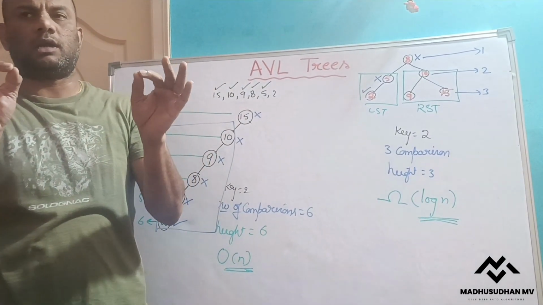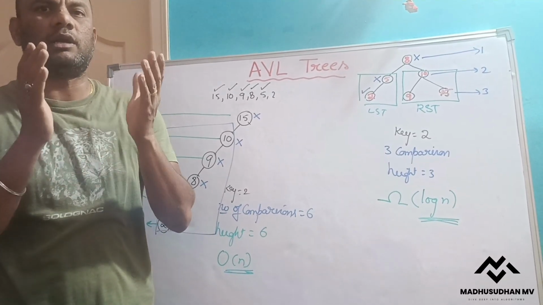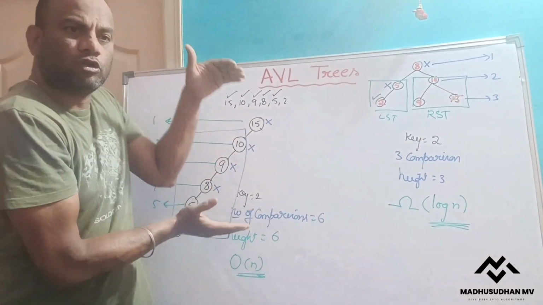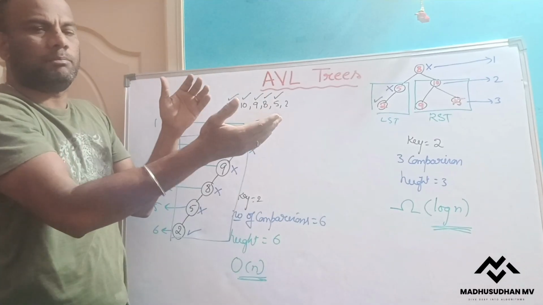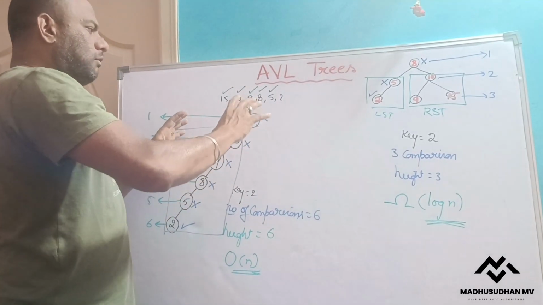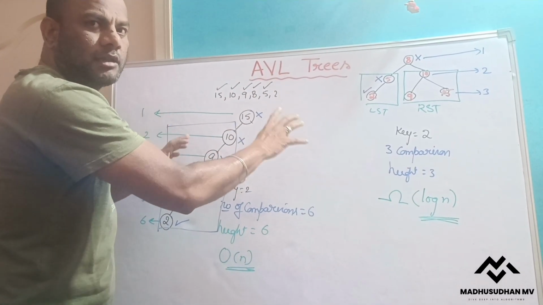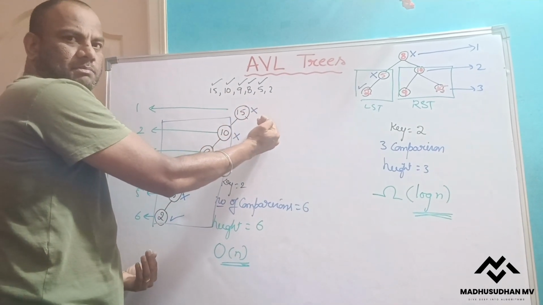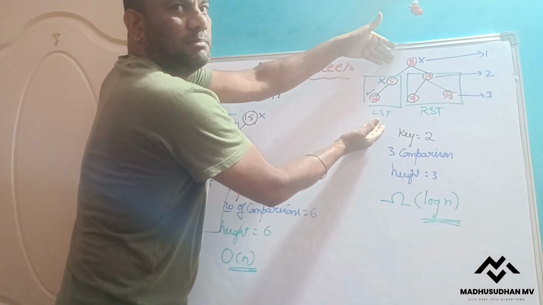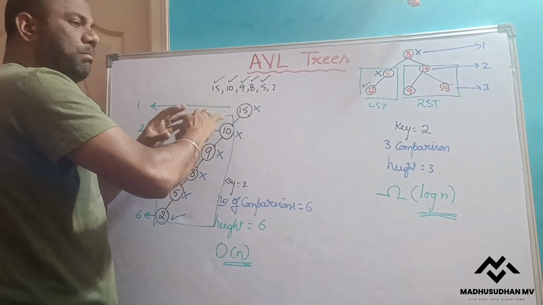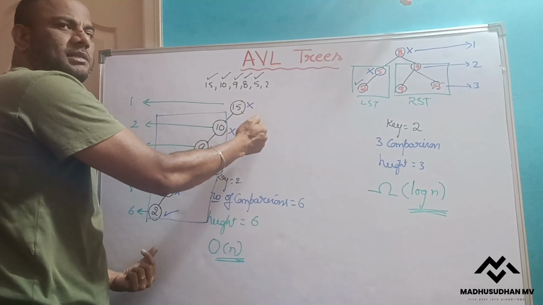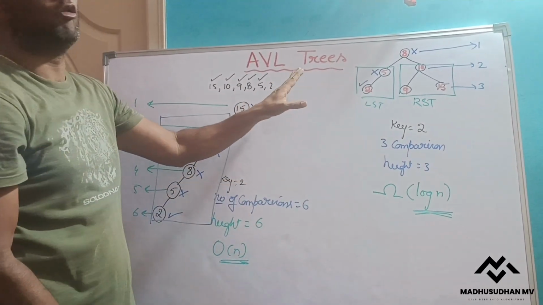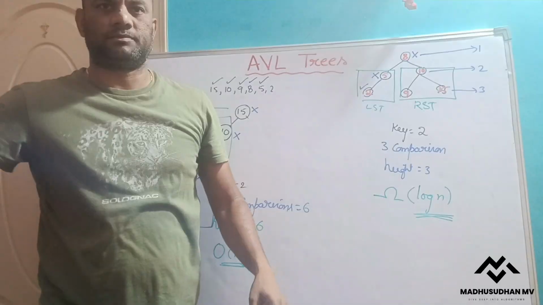So AVL trees are used to reduce the height of the tree, or in other words, to balance the height of the tree. This is an unbalanced binary search tree. This is a balanced binary search tree. To balance the unbalanced binary search tree, we go for AVL trees.